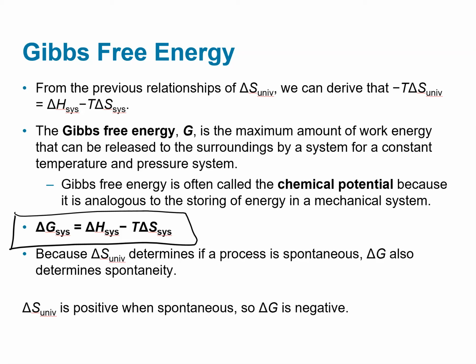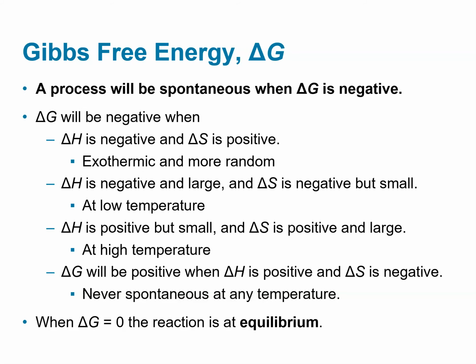If delta G is positive, it is non-spontaneous. And because of this relationship that we've already seen, if delta S for the universe is positive, then delta G is negative when spontaneous. But remember, delta G equals delta H minus T delta S. That has got to be burned in your brain.